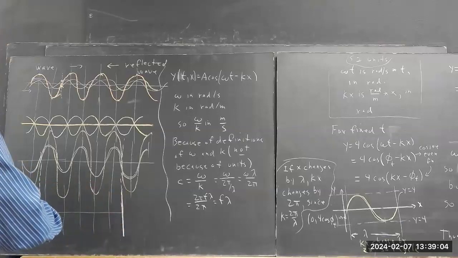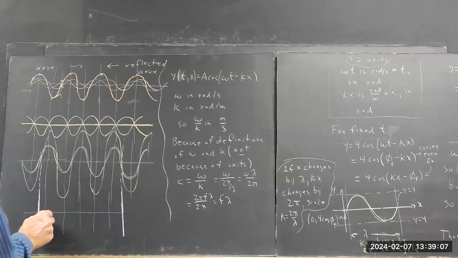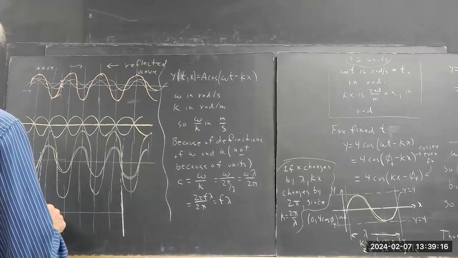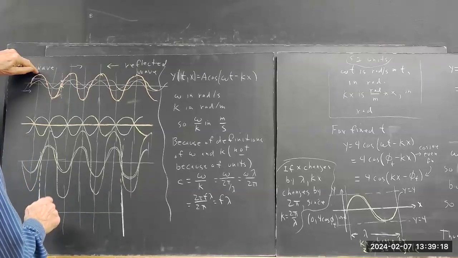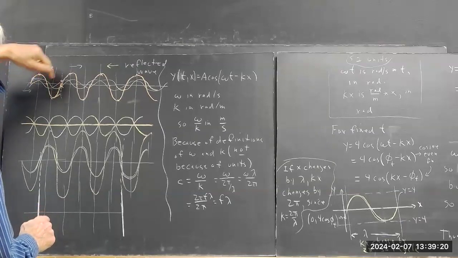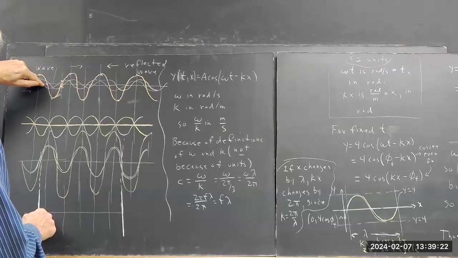These lines should be equally spaced, and they really aren't. If this is a half wavelength, this is a quarter wavelength, there's a half, and so forth.